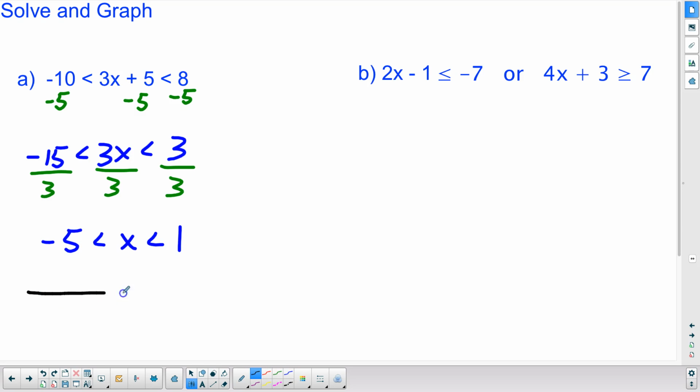The two numbers that I'm dealing with are negative 5 and positive 1. Both open. Since it's an and, it's going to be in between. These ones I'm going to work separate.